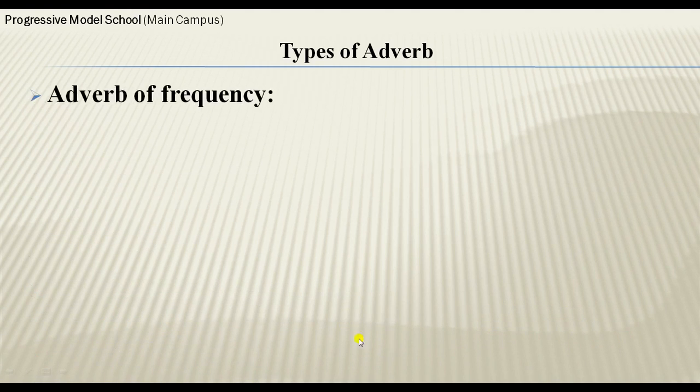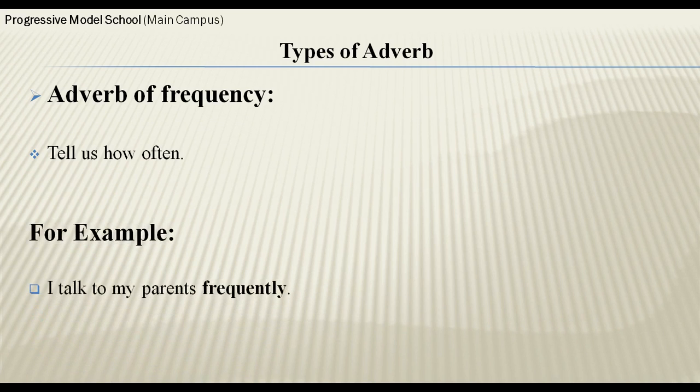Now let's move towards adverb of frequency. Adverb of frequency tells us how often the verb occurs or something is done or happened. It answers the question how often. For example, I talk to my parents frequently. How often? Frequently. He rarely swims.